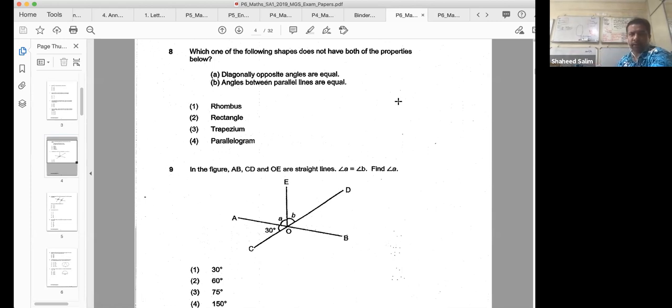Ilhan correct. Akil correct. Putri not okay. Which one of the following shapes does not have both the properties below? Diagonally opposite angles are equal. Angles between parallel lines are equal. Okay, this one we do a little later. We try question number 9.